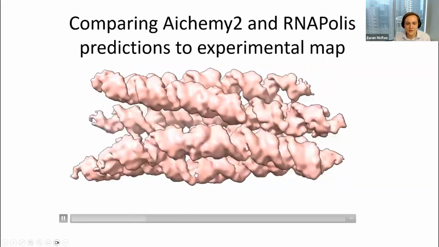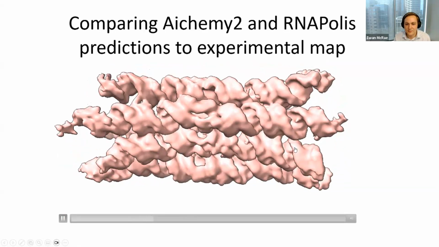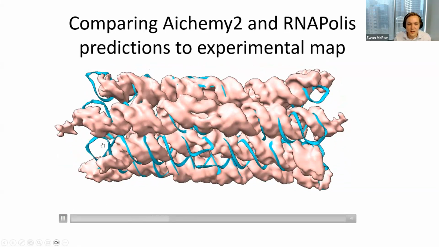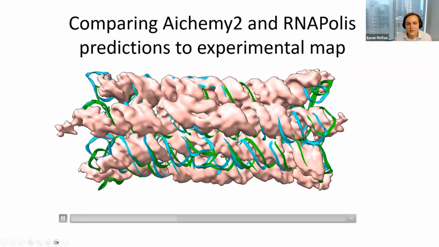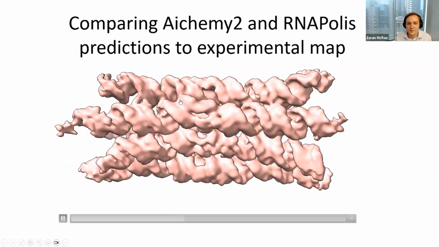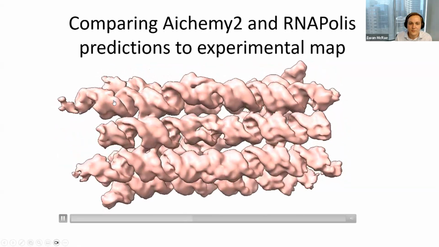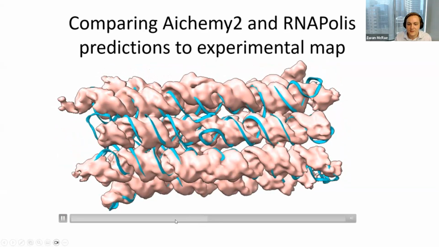Similarly, if we look at helix 3, it's very banana shaped, whereas the predictions don't quite capture this. Helix 4 here has a pretty substantial kink in it that we see. And again, we just have pretty linear helices in the predictions.